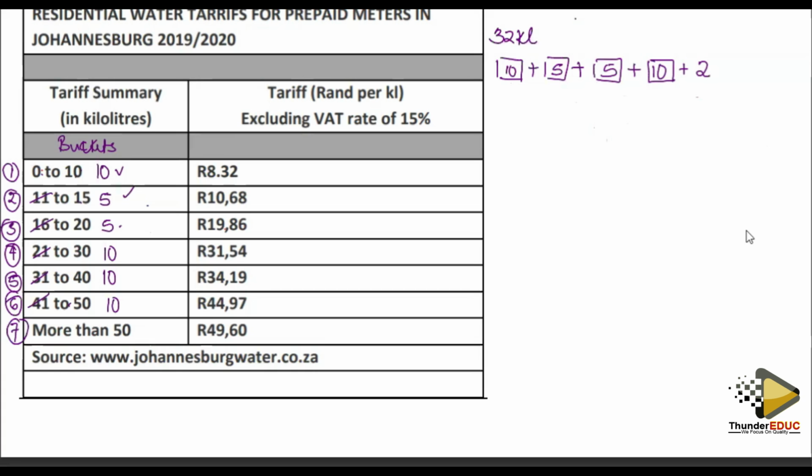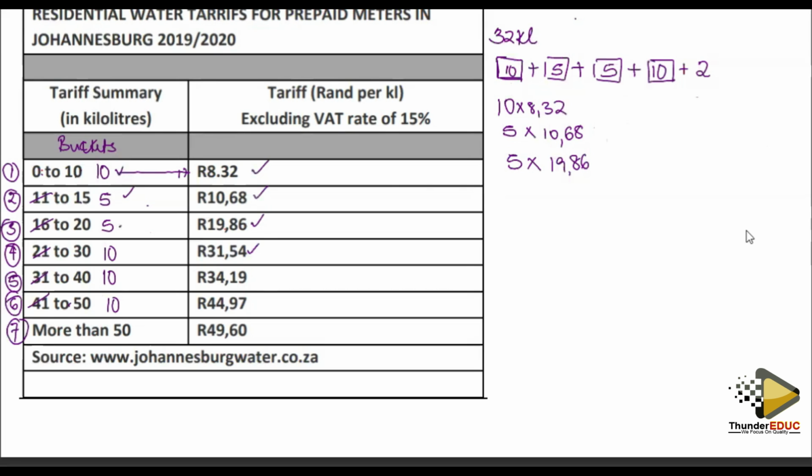But then, if bucket number 1 has taken 10, you need to pay for this 10. That's why we said 10 times 8,32. 10 times this number. This is per kiloliter. Then the 5, bucket number 2, 5 times 10,68. Bucket number 3 still needs 5, 5 times 19,86.